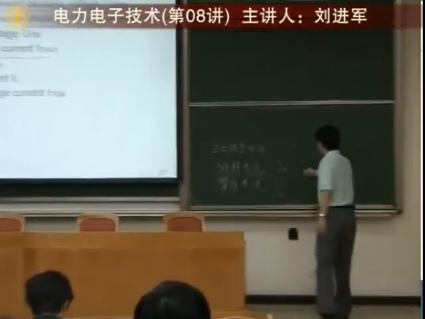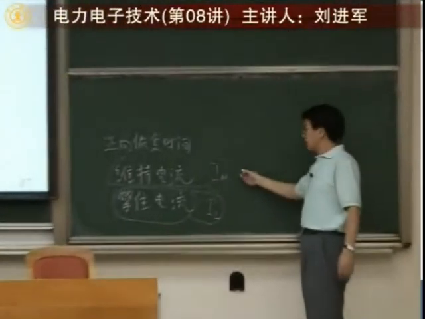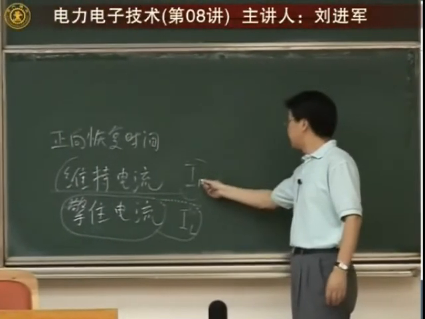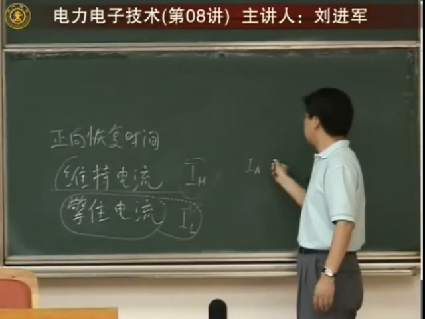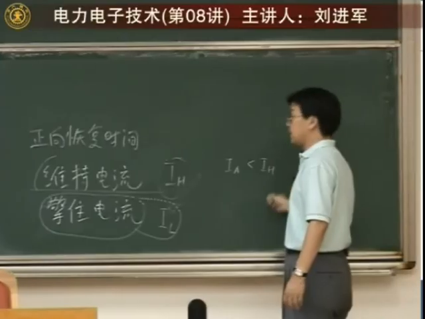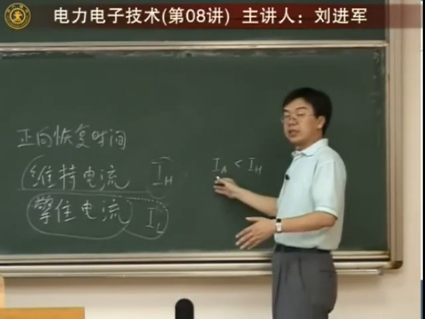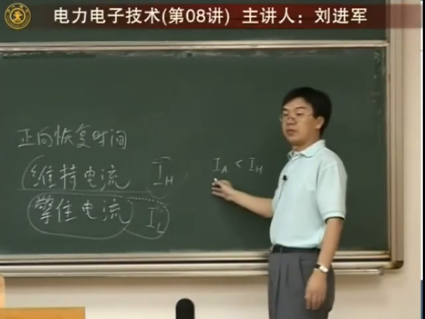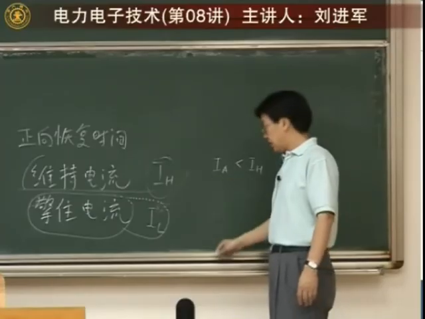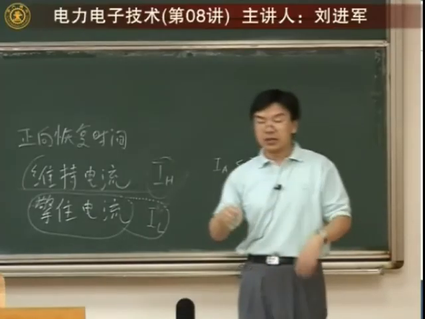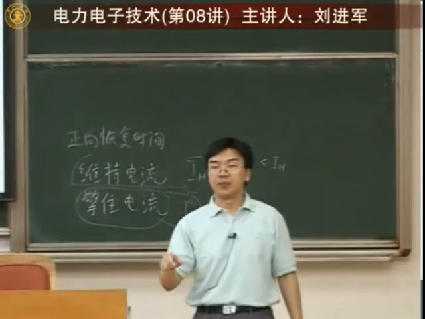Holding current means when the thyristor current is getting smaller than this value, when the actual current IA is smaller than IH, then we can consider this thyristor turned off. Okay? It doesn't have to be exactly equal to 0.